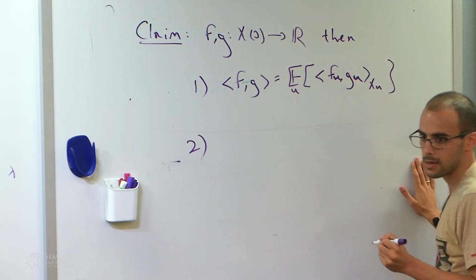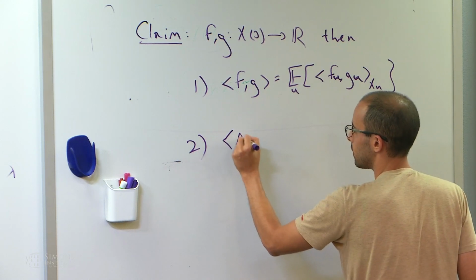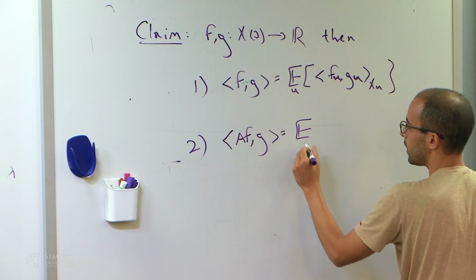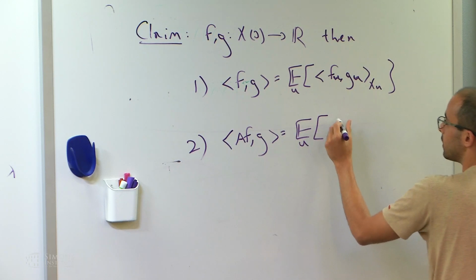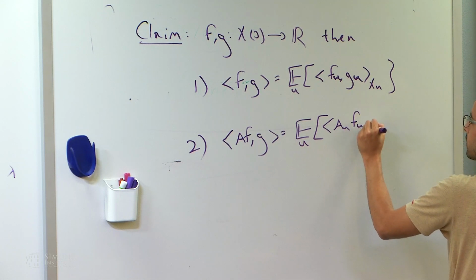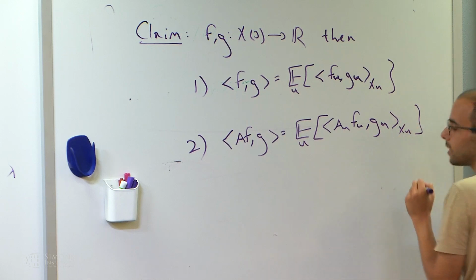And the second is the same thing, but with the adjacency operator. If I look at Af inner product with g, then I can calculate it by using the local adjacency operators and the local inner products in the links.